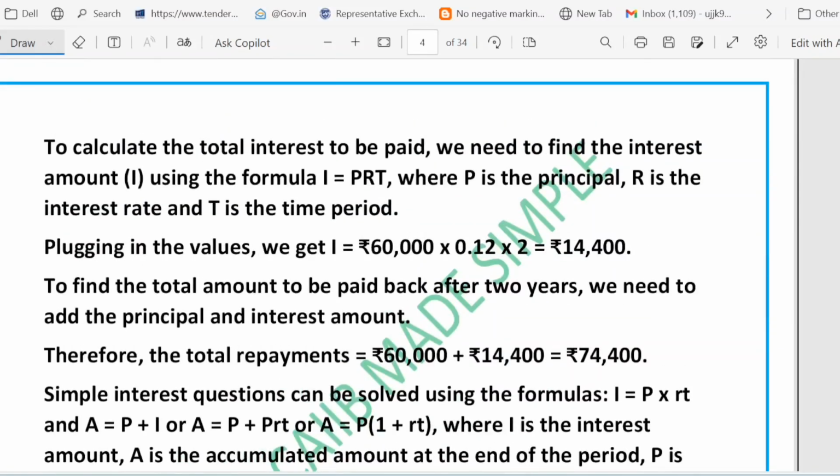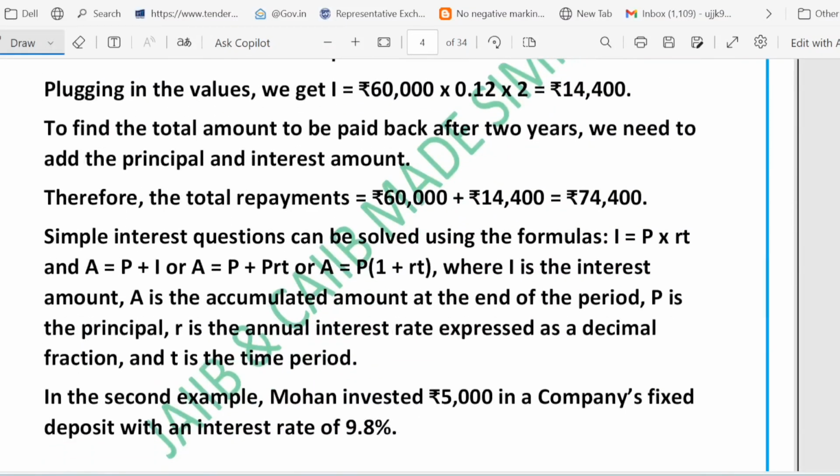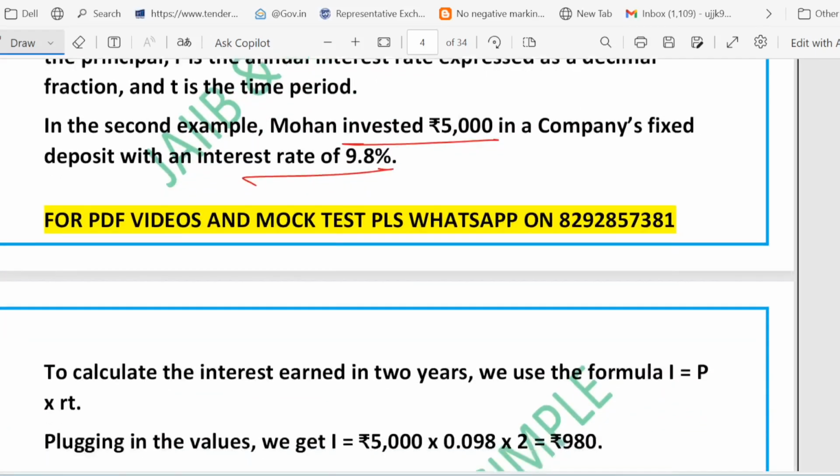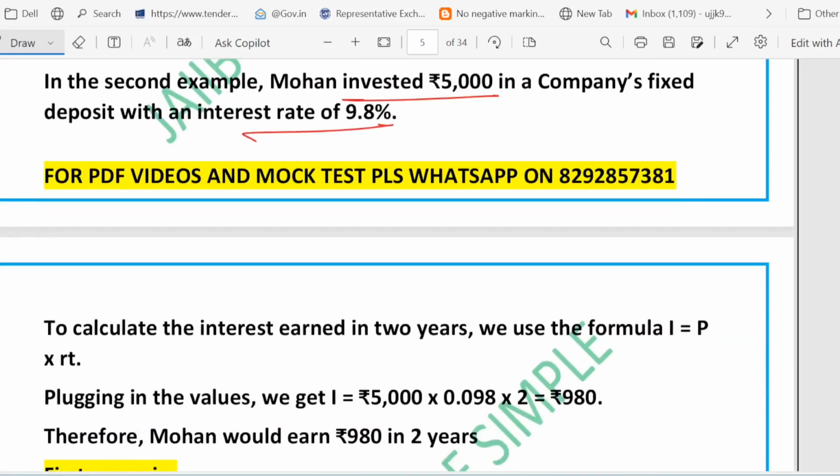Second case, we have the case of Mohan. Now in this case, you can see Mohan invested 5,000 in a fixed deposit at the rate of 9.8% per year for 2 years. And we have to compute the interest earned. How much interest did he earn?